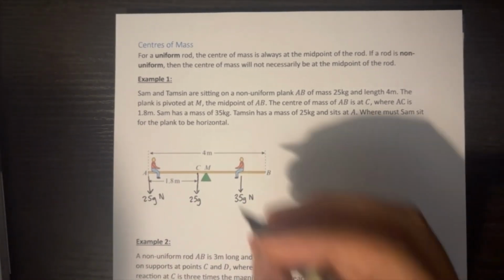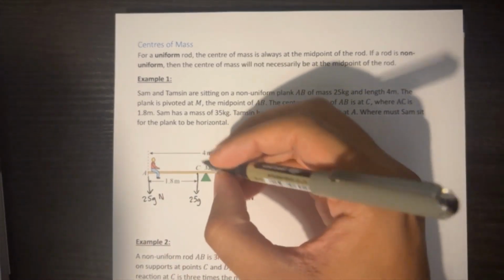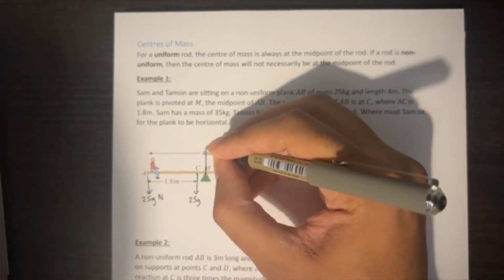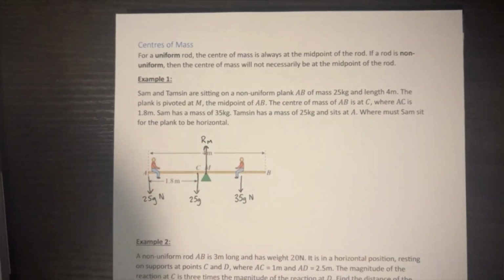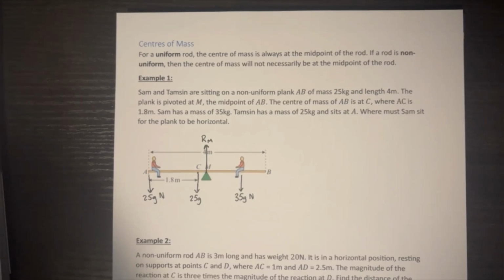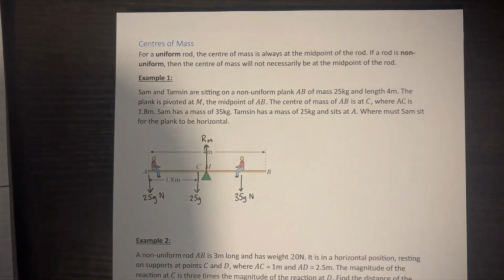Finally, since our plank is resting on the pivot at M, there is going to be a reaction force at M. So our first stage is done. We've got our diagram drawn.